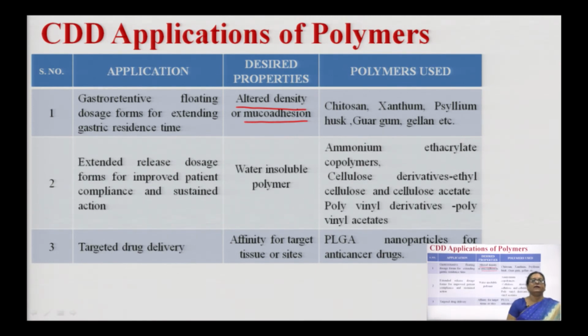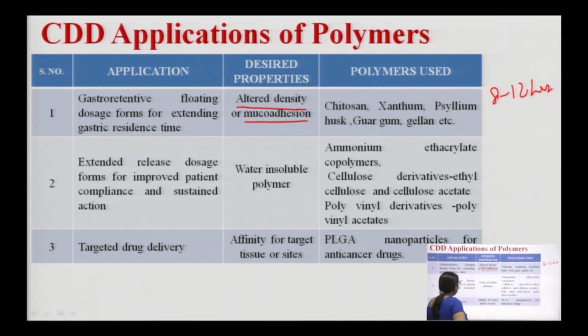As discussed earlier, I had mentioned that the oral route of controlled drug delivery has a problem that the residence time is 8 to 12 hours. We need to prolong it. So, we can make use of polymers which will alter the density of the formulation or which will have some bioadhesive property in them. Examples are chitosan and xanthan.